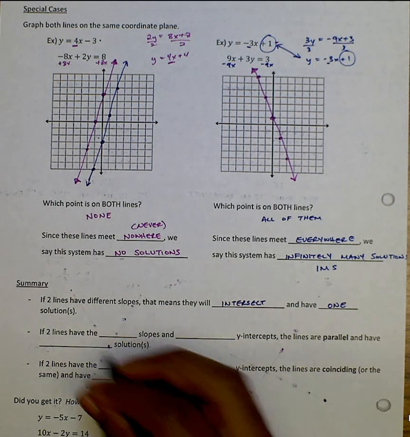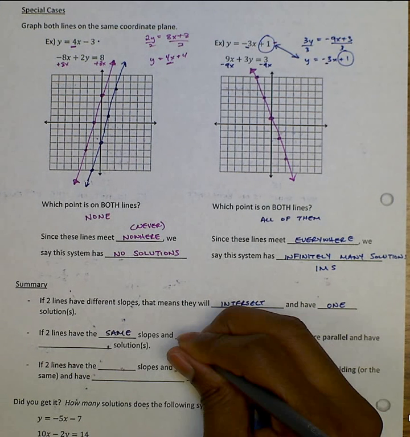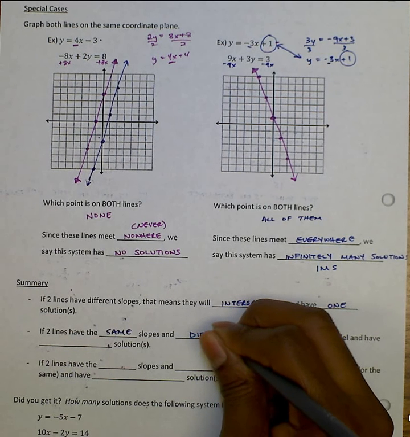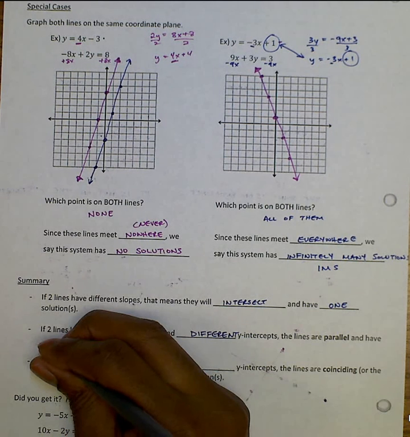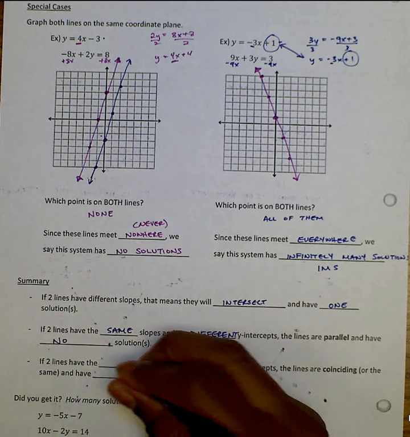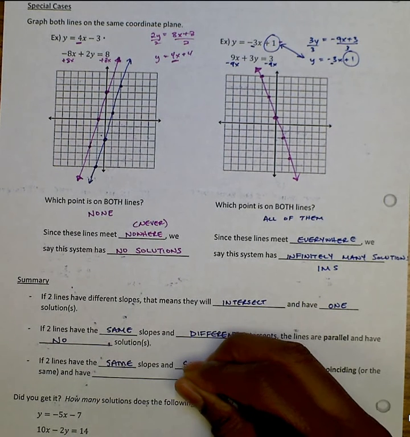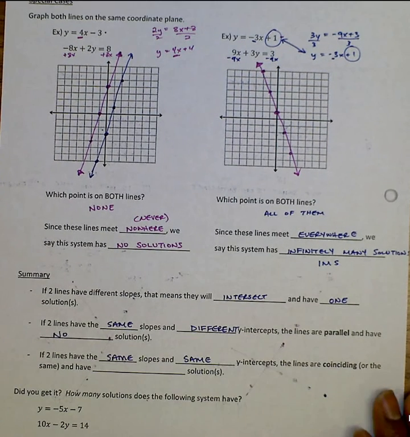If two lines have the same slope and different y-intercepts, the lines are parallel and have no solutions. And if two lines have the same slope and the same y-intercept, that means the lines are coinciding. Okay, that's the word that you'll see, coinciding or the same, and they have infinitely many solutions.